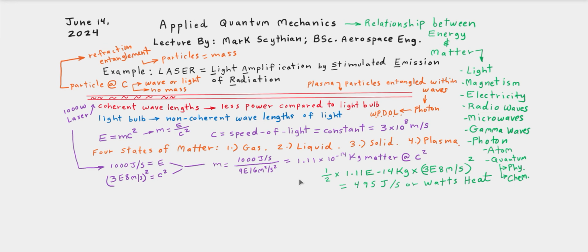So through factor label cancellation, we can then isolate the kilograms matter within the 1,000-watt laser beam. And so that's 1.11 times 10 to the negative 14th kilograms of matter at the c-squared function, a scaling factor again. So we don't want to do things like reduce it down with a square root again, because it is a function of c-squared as the scaling factor.